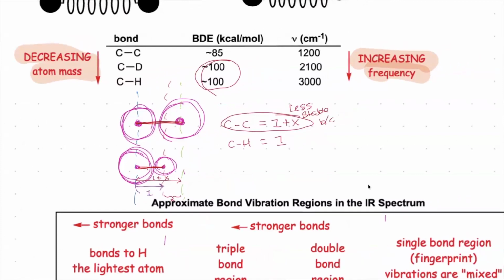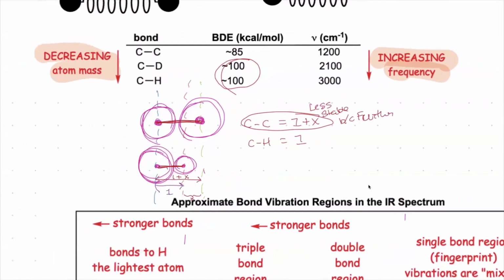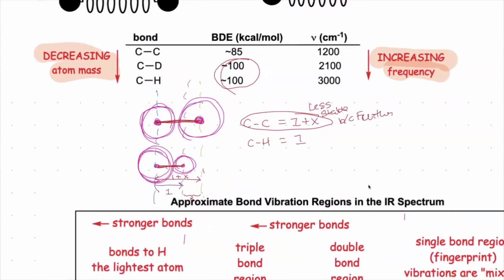I think my definition of stability is wrong. Okay, what's your definition of stable? When I'm saying the CH bond, I say the nuclei can get close together, therefore it's very stable and low in energy, right?